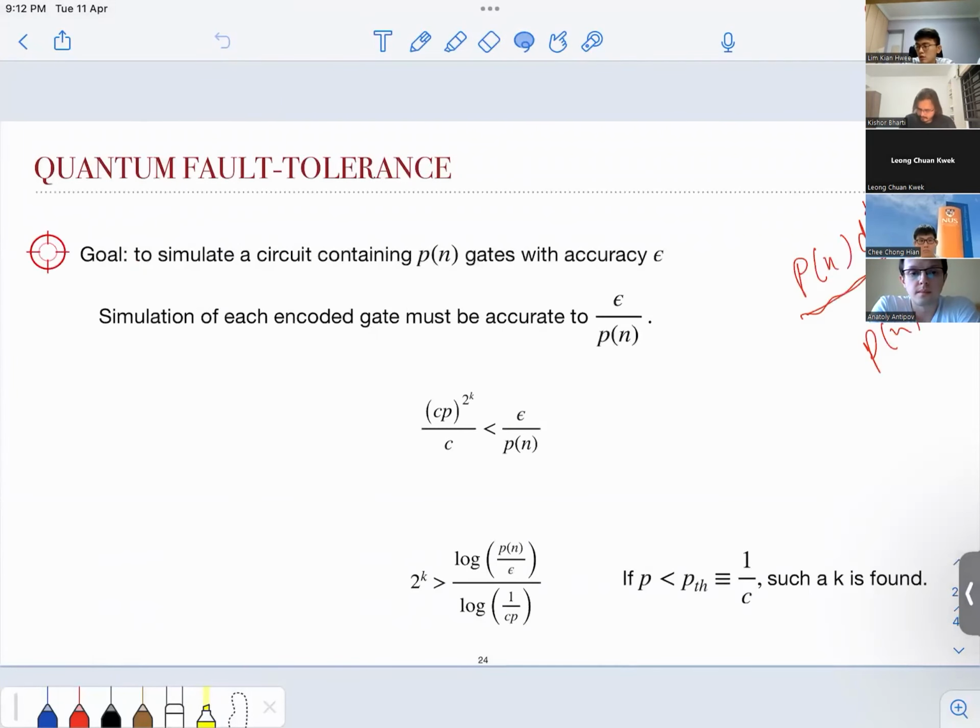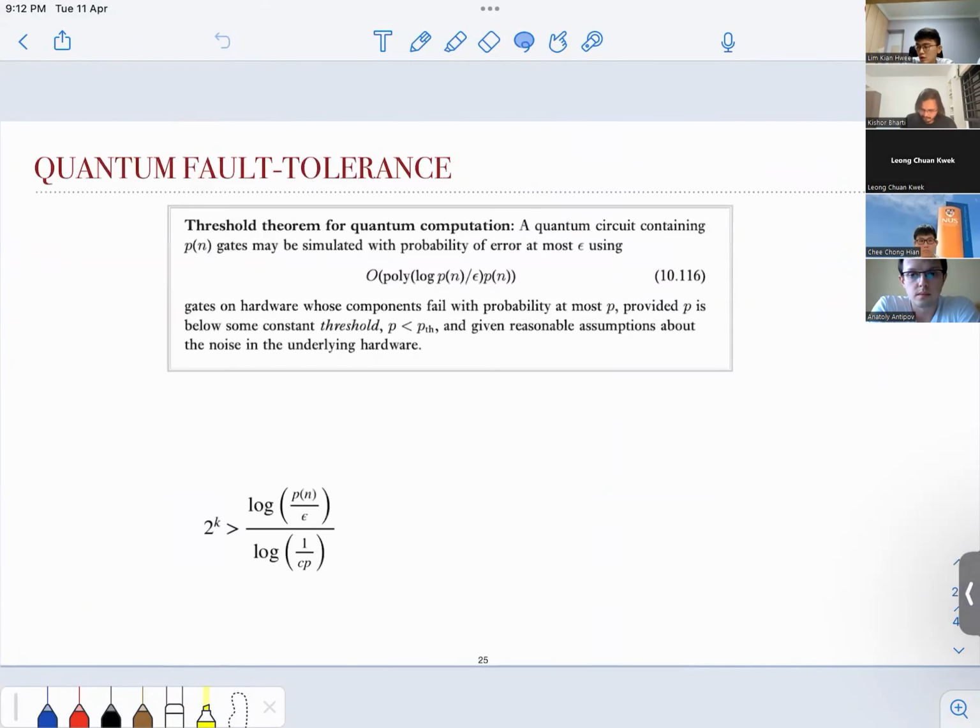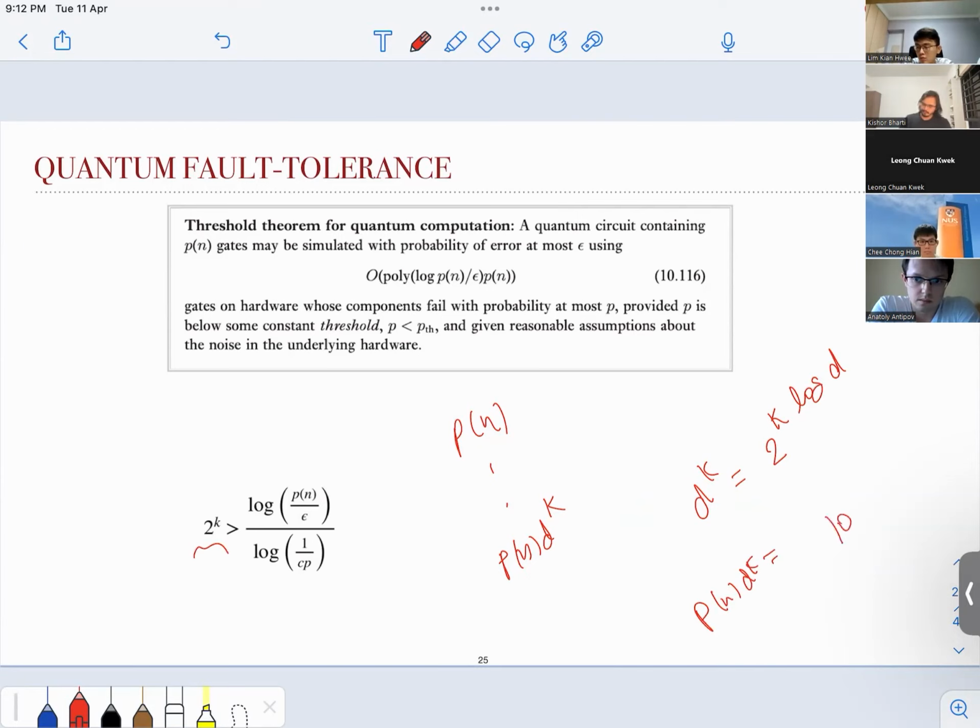So this is the resource requirement. Initially we started with Pn, and when I went to kth level, it was Pn times d to the power k, right? But you can write d to the power k as 2 to the power k log d. So d to the power k is basically, let's say, log of Pn by epsilon to the power log d, because this number is 2 to the power k.